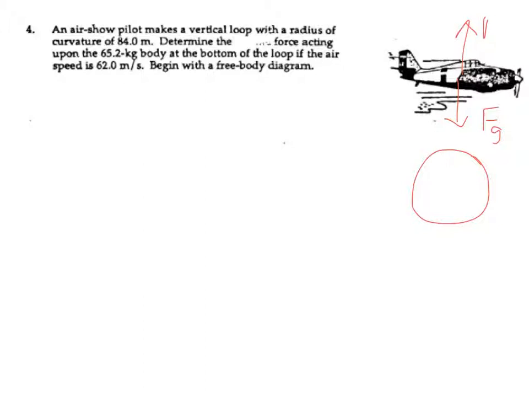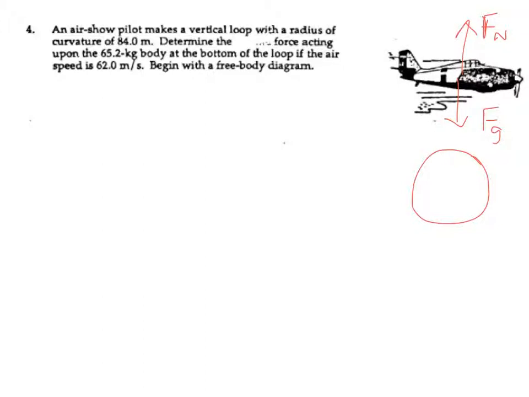But if we're trying to determine the force acting on the pilot, the 65.2 kilogram body, then that upward force is coming from the normal force, the force of the chair on the pilot's butt. So we're just looking at gravitational force and normal force, so nothing too crazy.